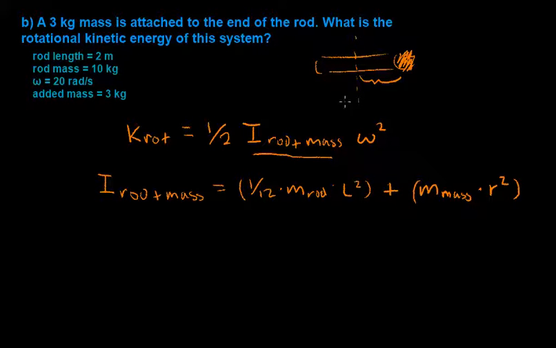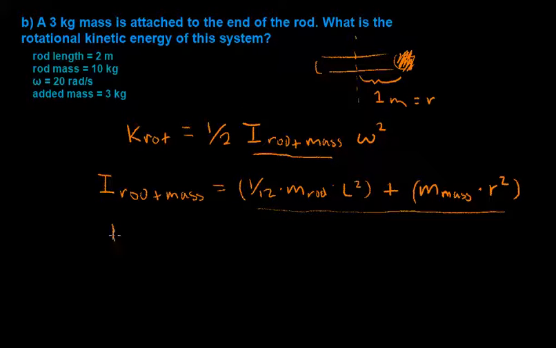Our rod was 2 meters long and our axis splits it in half, so this distance here is going to be 1 meter. That 1 meter is the r that we're multiplying inside the moment of inertia of our mass. This entire equation is what goes into the one I for our rotational kinetic energy.